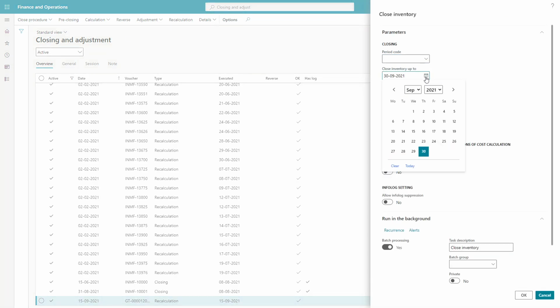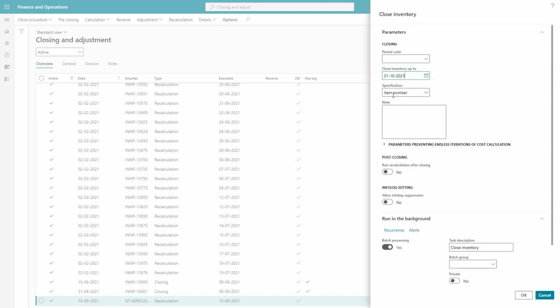I want to close my inventory as on 31st of October, and my posting specification should be at item level itself. I don't want to recalculate inventory after closing, and I always recommend it: don't select this checkbox, because if you have selected it, after closing the inventory as on 31st of October, the system will do the recalculation of inventory as on today's date also.